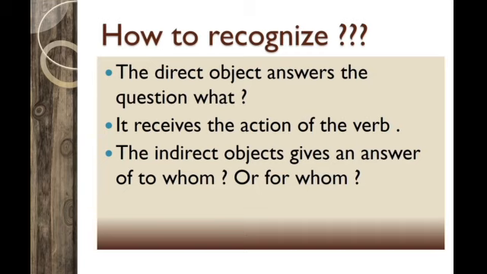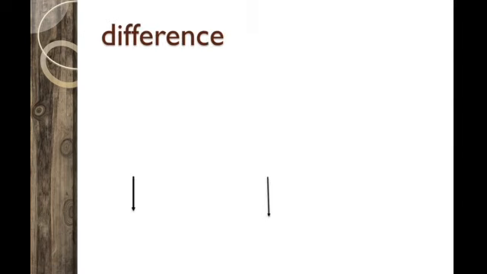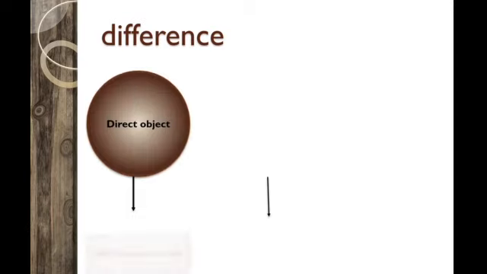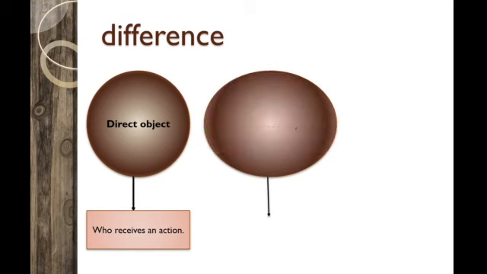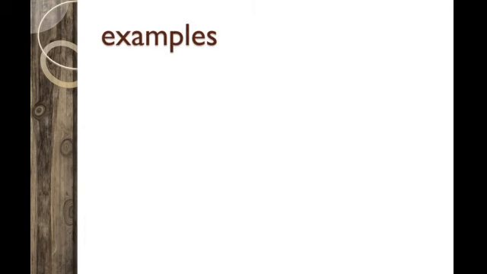If you ask what and you get an answer, that is a direct object. If you ask to whom or for whom and you get an answer, that is an indirect object. Now you can see the difference. Direct: who or what receives an action. Indirect: to whom the action is done.